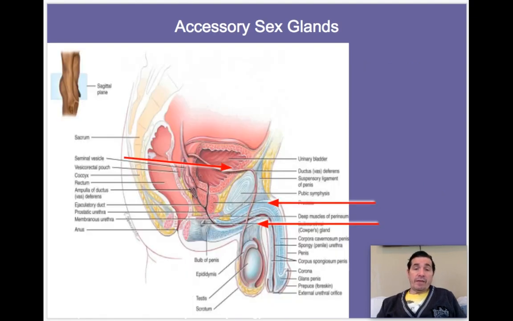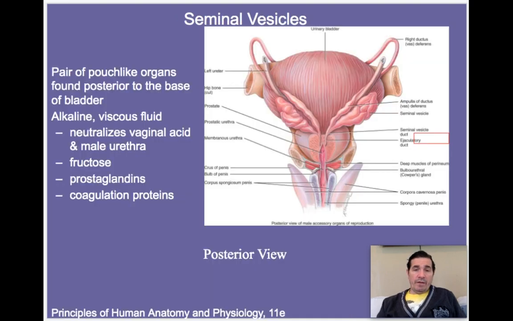Okay. So the seminal vesicles are basically right here. The prostate is here, and the Cowper's gland is right there, like we talked about earlier. In another image, this may actually also give you insight. Seminal vesicles, prostate, and then the Cowper's gland is way down over here.